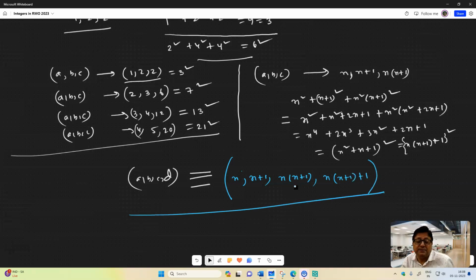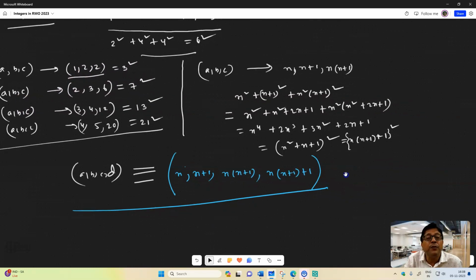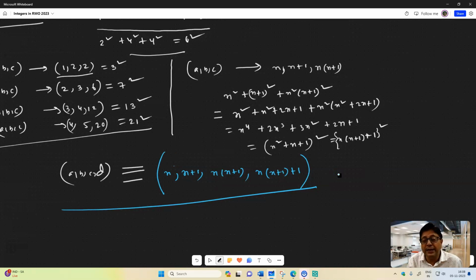So, right, integers are of this form, and the least value we have seen there is 1, 2, 2, 3. So if we go for finding the product, A into B into C into D, the least value is going to be 1 into 2 into 2 into 3. This is equal to 12.